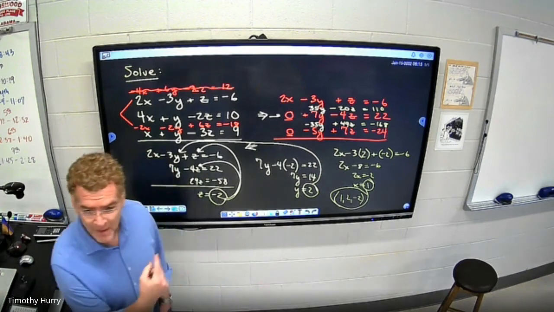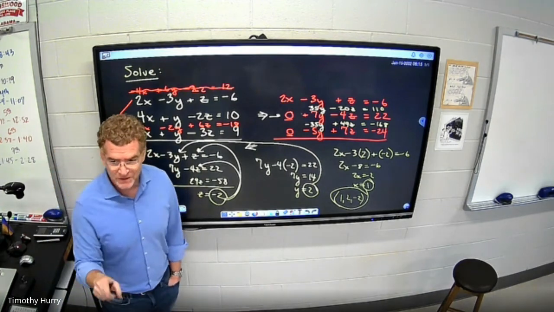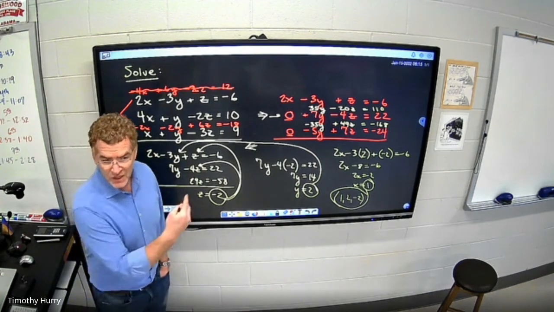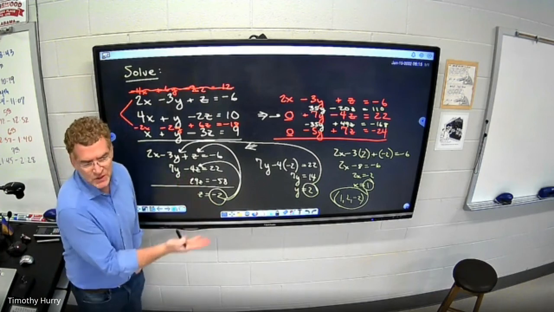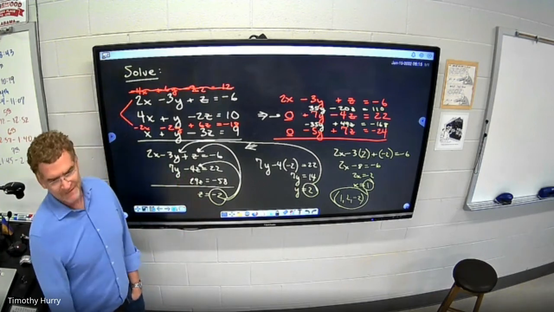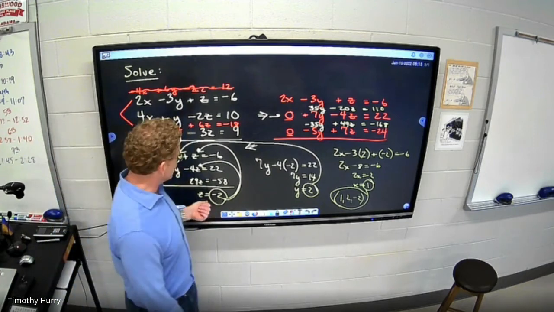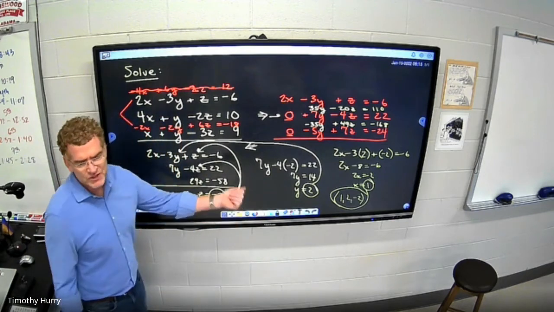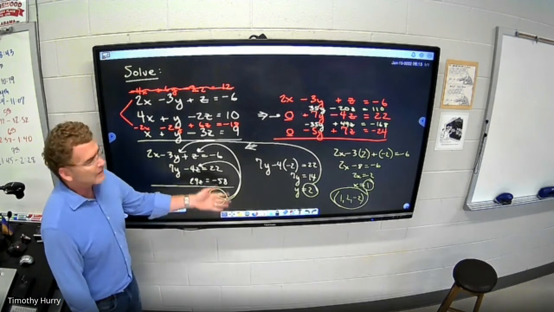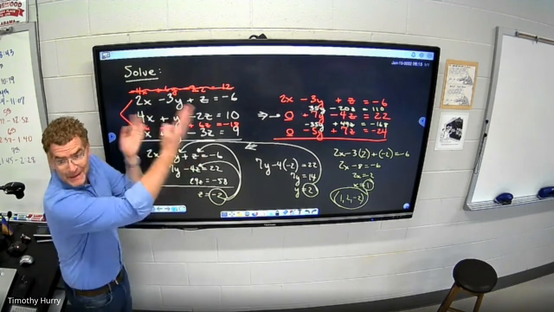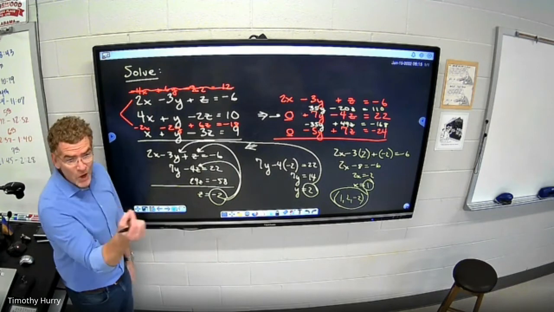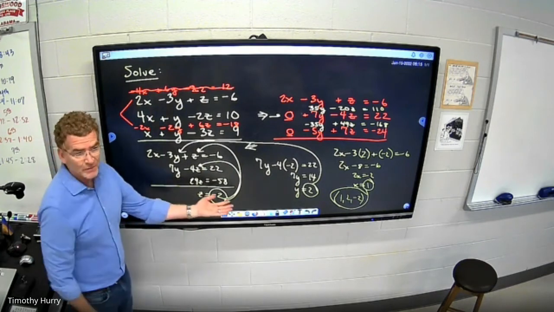The next problem I'm going to do, though, those are the ones that people tend to miss the most. If they miss this, it usually is a careless error and they can't find it. If that happens, by the way, if you get to here and you get z equals some weird fraction and you're like, what on earth? Just go back. You can see I've made a million calculations. You make one wrong calculation and you're going to get a terrible fraction.